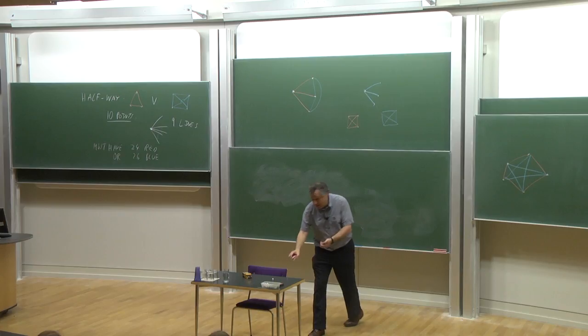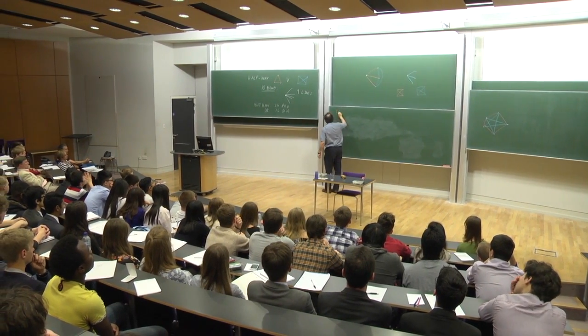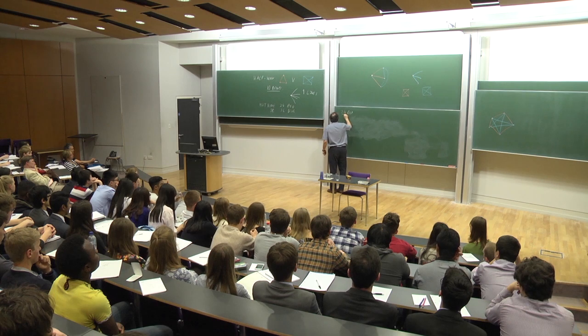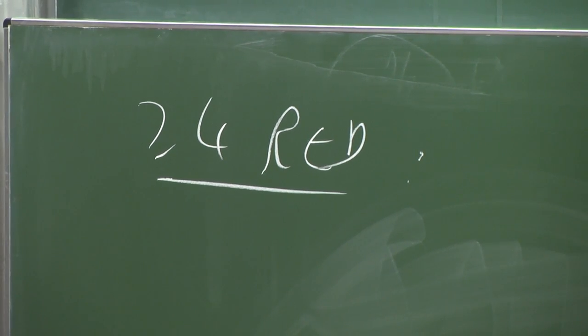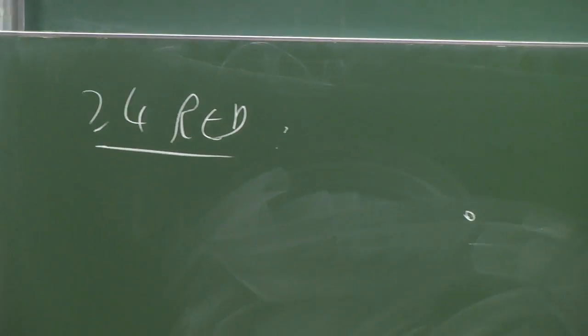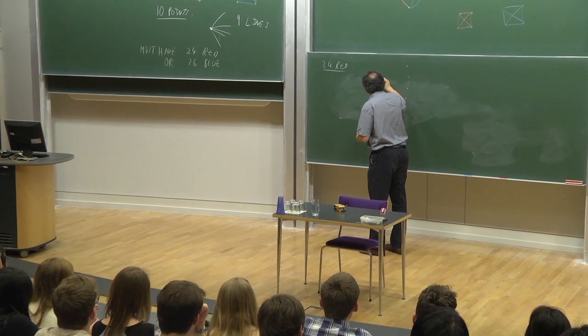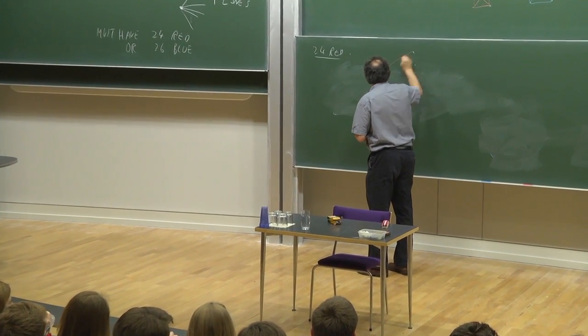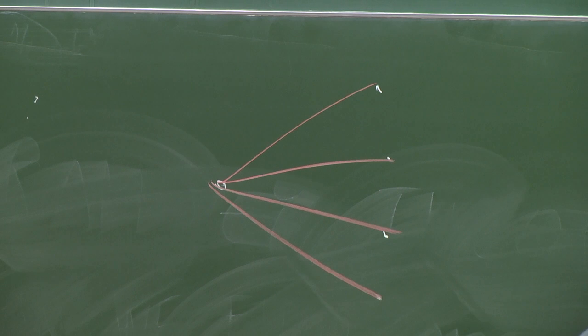Let's try the case of at least 4 red and see what happens there. So we've got a point joined by red to 4 or more other points. Let's focus just on those 4 points. I'm trying to copy the knowledge we built up from the previous proof.